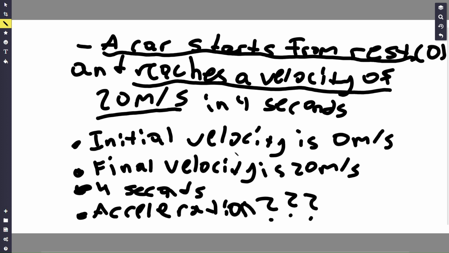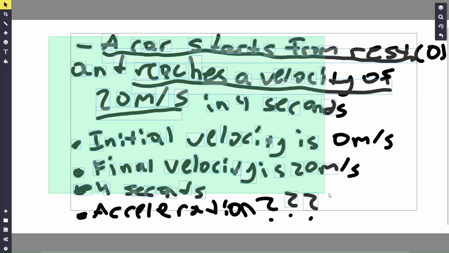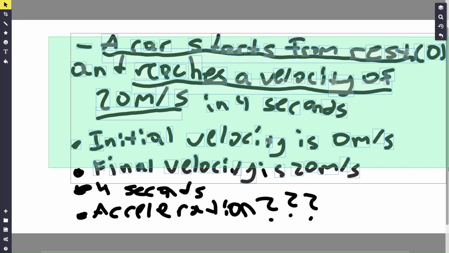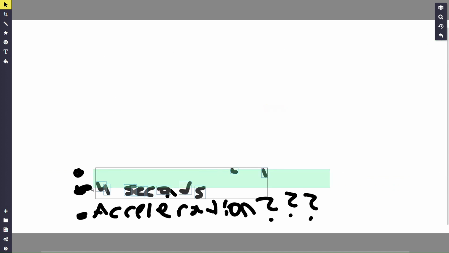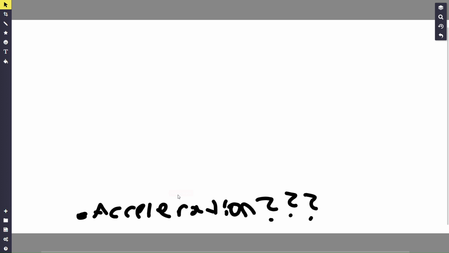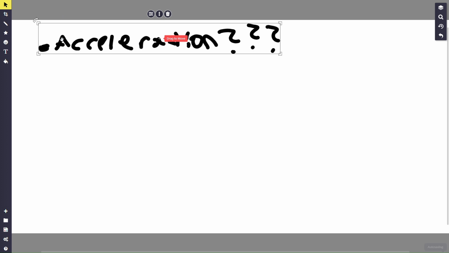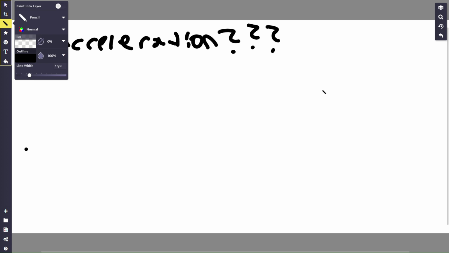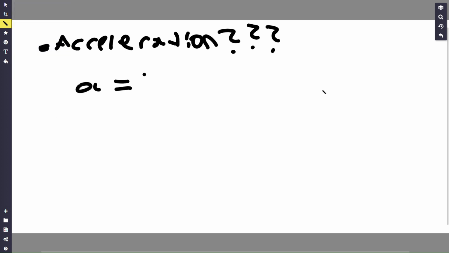So how can we find acceleration? Well, if we remember from the last time I covered this, acceleration has a formula: a equals delta v over delta t.